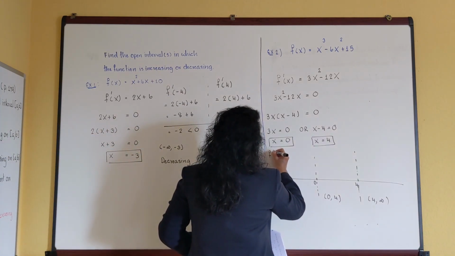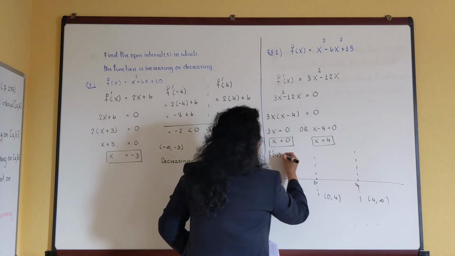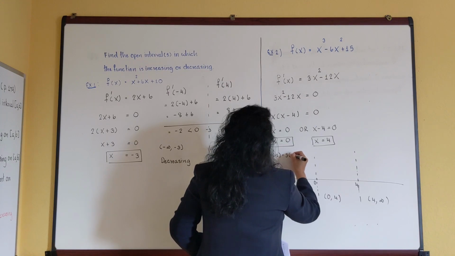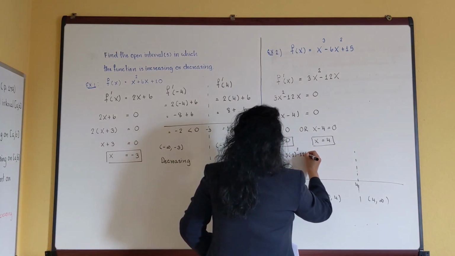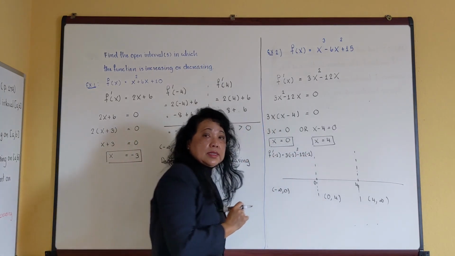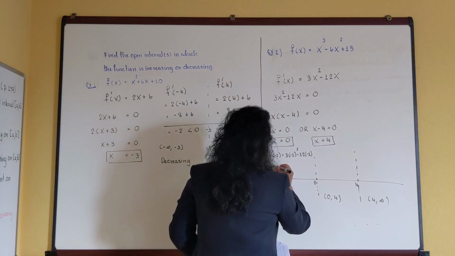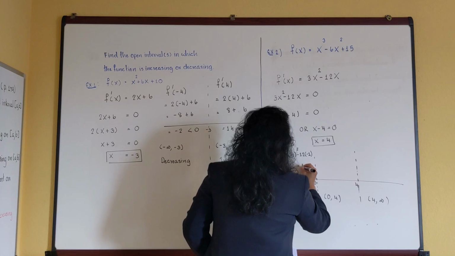So f prime of negative 1: plug in here. You're going to have 3 times negative 1 squared minus 12 times negative 1. Anything squared is positive. So I have 3 plus 12, which is 15.